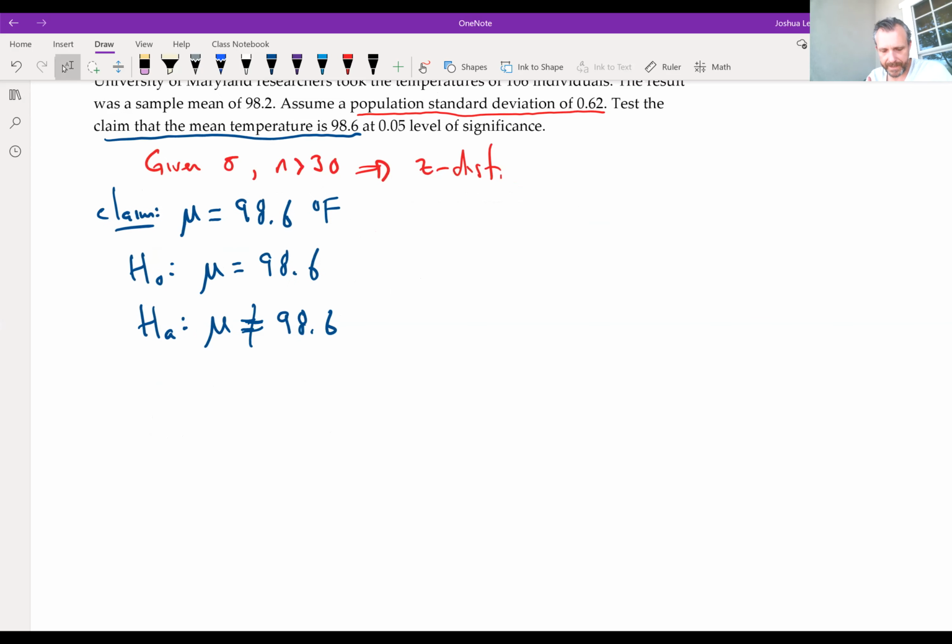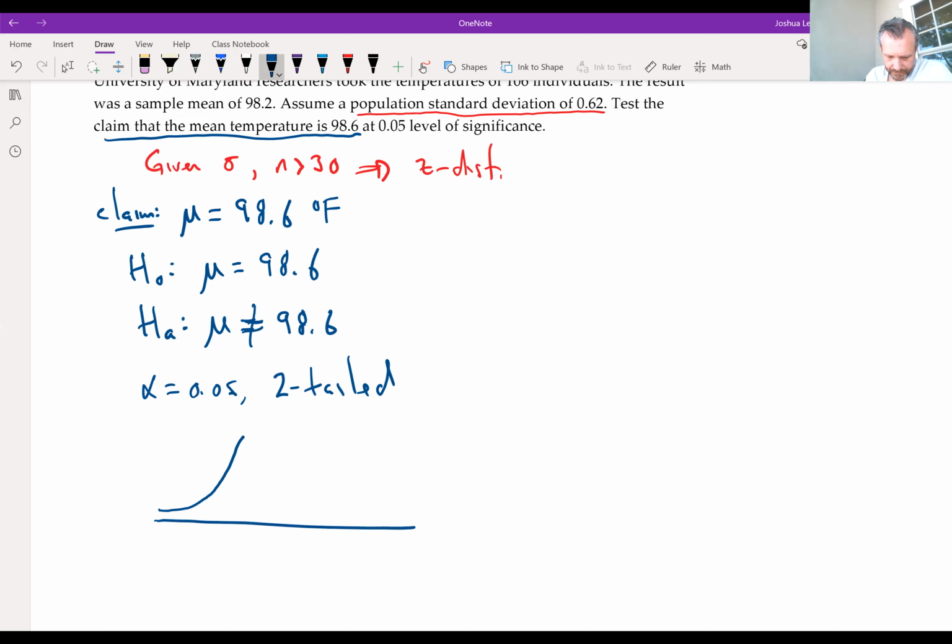Now, we know our alpha. What else do we know? Well, we know that this is two-tailed because our alternative is not equal. And so I can come in here and find my two critical values.